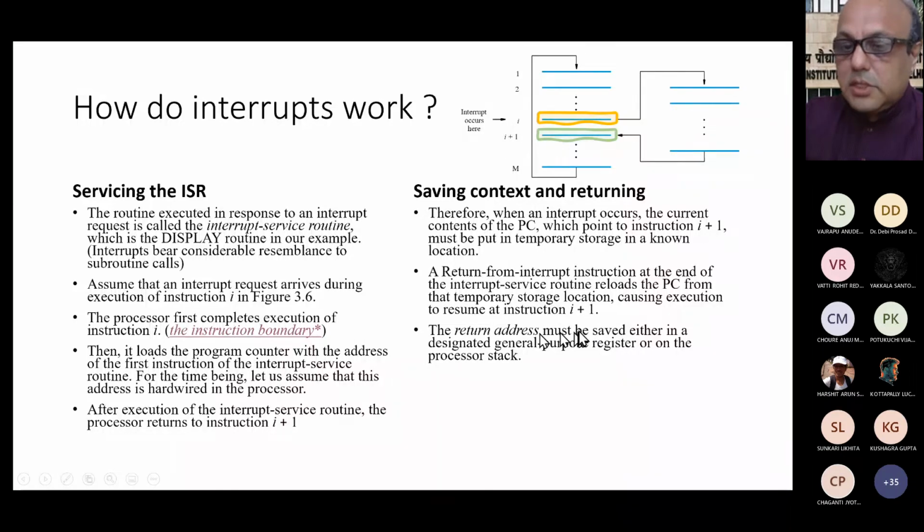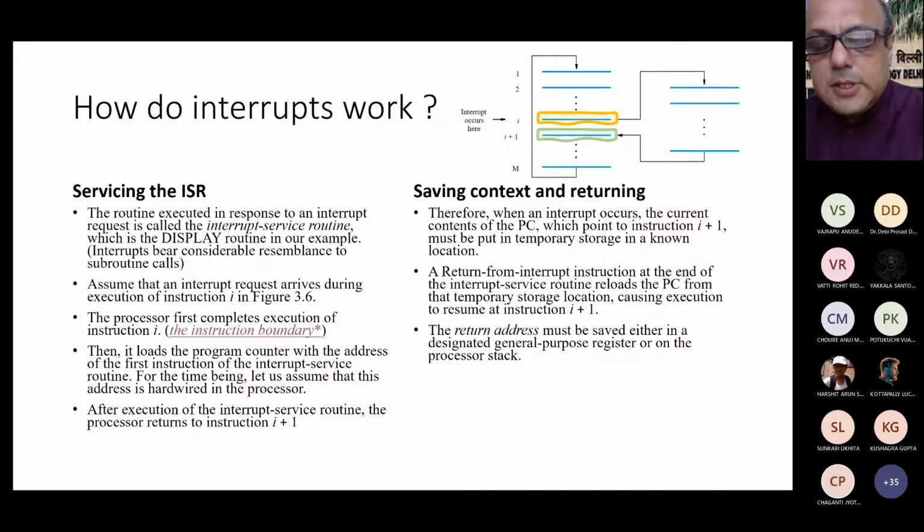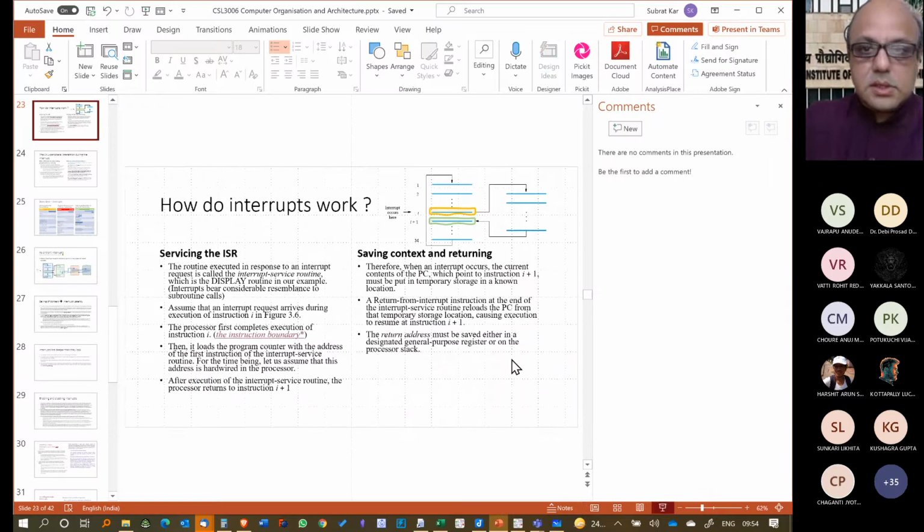So the return address must also be saved in that processor stack. Now you may know that processors have a stack, but some processors have more than one stack because they do so many things that it's useful to have more than one stack. So we will stop here and I will take questions. Is it clear so far?